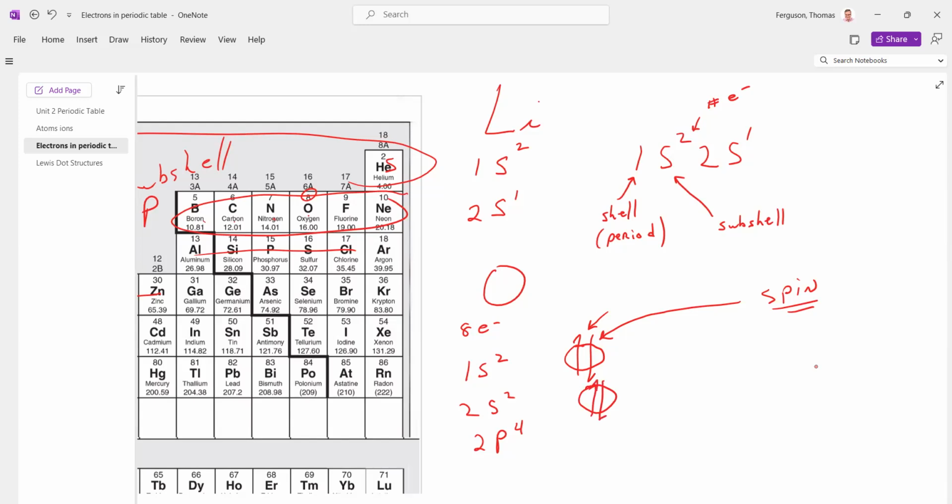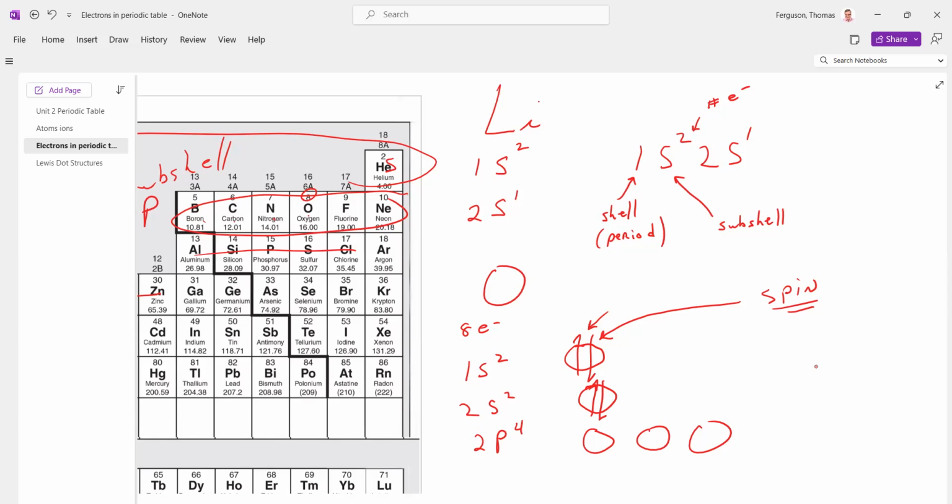For the 2s2, we're going to be putting 2 electrons there as well, opposite spins. However, down here we have 3 orbitals, because we have to account for 6 possible electrons. So these 4 electrons now are going to be spread out over those 3 orbitals.